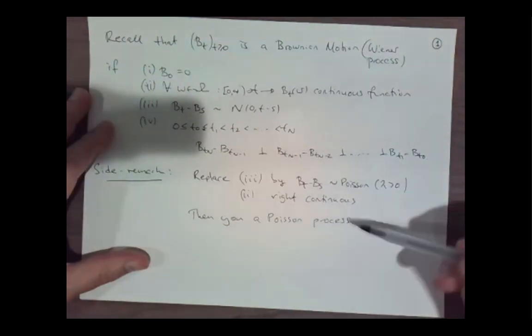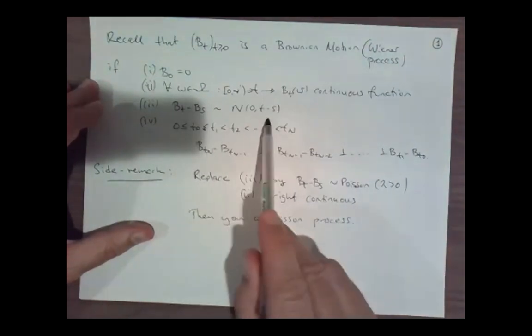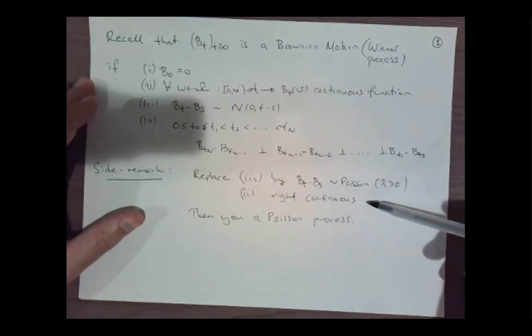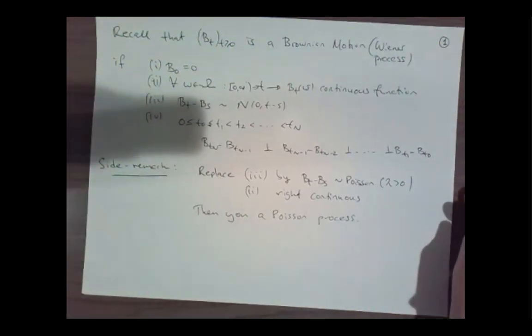So you can see you can play with this distributional property where you have normality. You could put in something else like a Poisson distribution, or you could even keep it more general if you so desire.